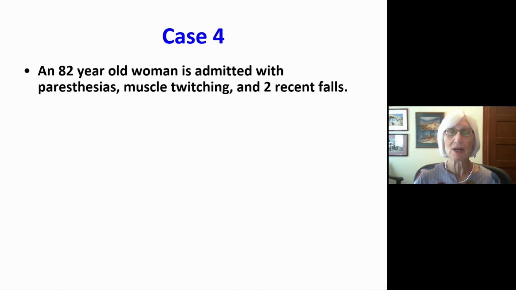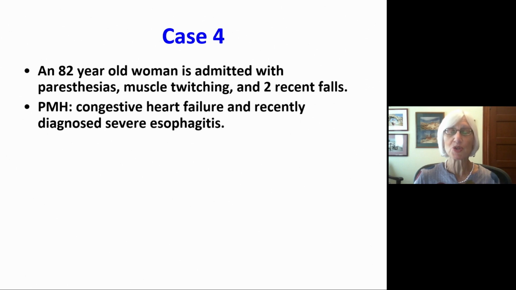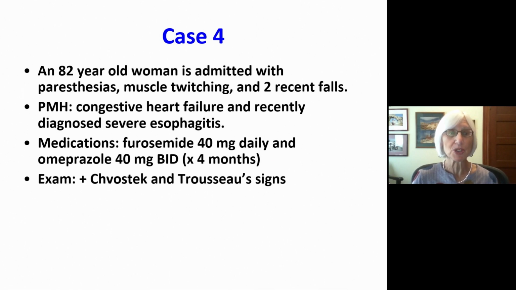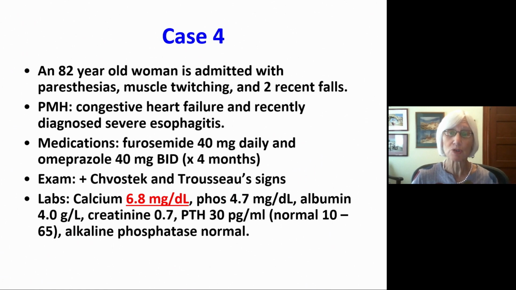So let's quickly go to a case of an 82-year-old woman with paresthesias, muscle twitching, and 2 recent falls. She has CHF and severe esophagitis. She takes furosemide and recently started omeprazole, 40 milligrams a day. She has positive Chvostek and Trousseau signs, and her labs show a calcium that's low, 6.8.